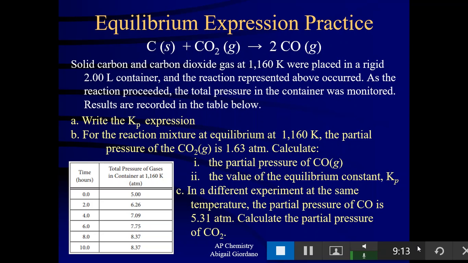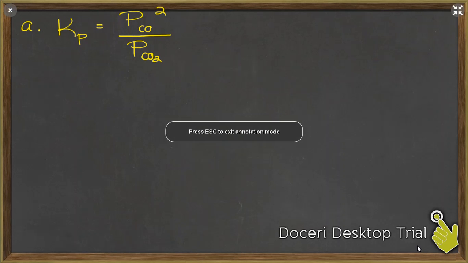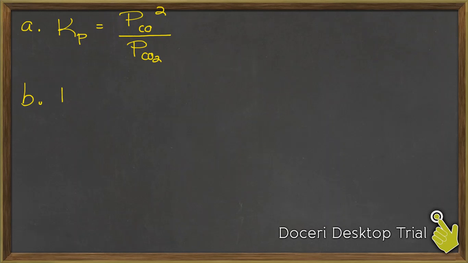This is going back to the gas laws unit, where the total pressure is equal to the partial pressure of carbon monoxide plus the partial pressure of carbon dioxide. I know what the total is.